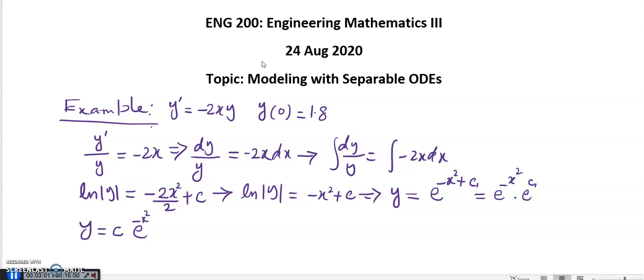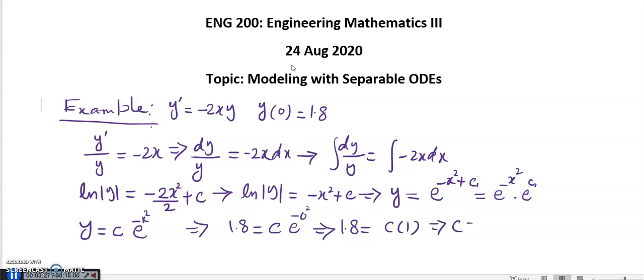Now I can apply the initial values, which means I put x equal to 0 and y equal to 1.8. This will give me the value of c. So 1.8 is equal to c times e power minus 0 square. E power minus 0 square is of course 1, so 1.8 is equal to c times 1.